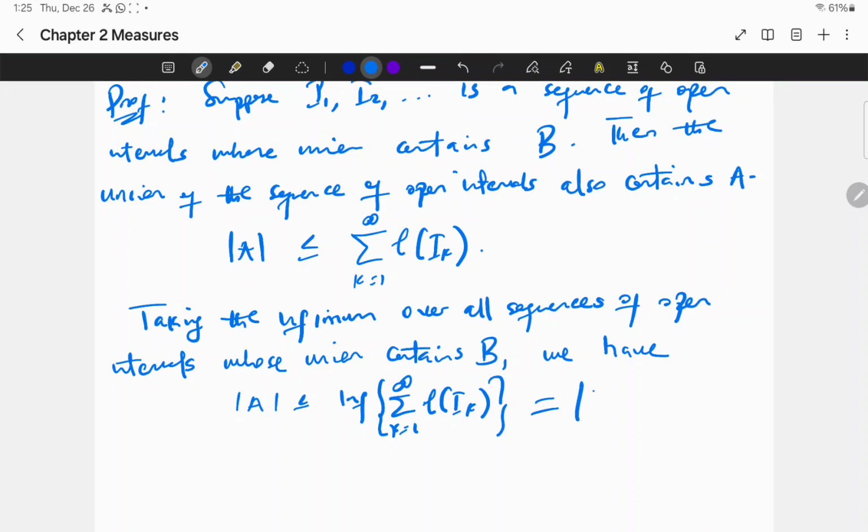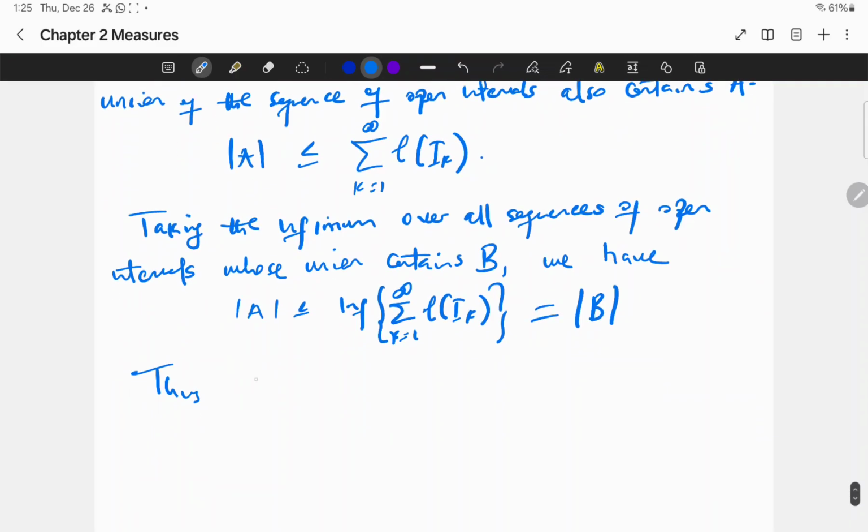So that gives us the outer measure of B. So thus, the outer measure of A is less than or equal to the outer measure of B, which is a nice property.